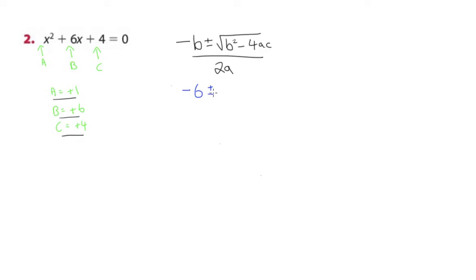And it's plus or minus the square root of B squared. Now B is plus 6, so that is 6 squared, minus 4AC. Minus 4 multiplied by A, which is 1, and by C, which is 4.